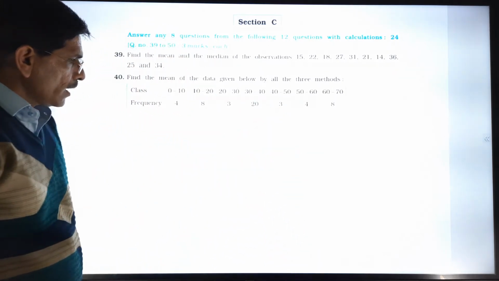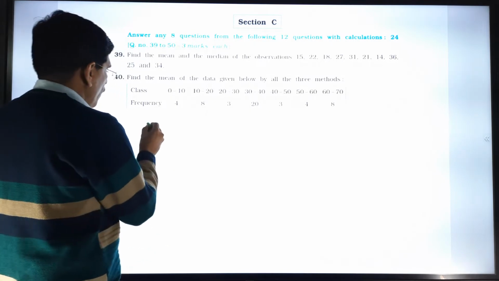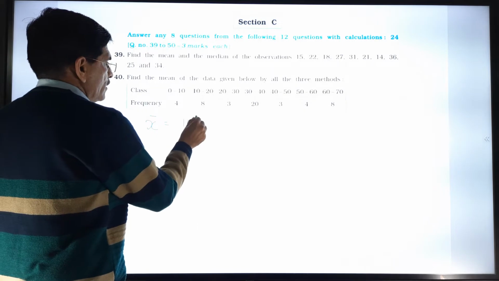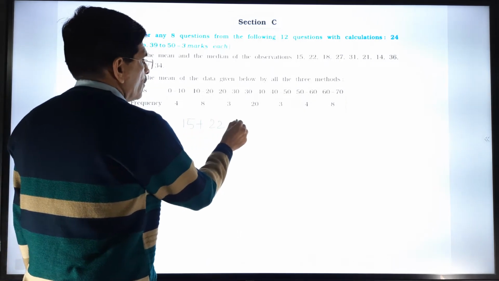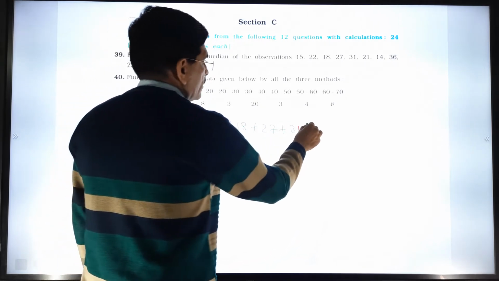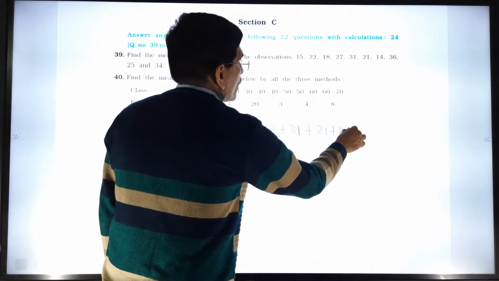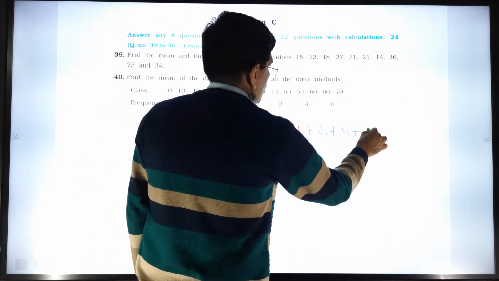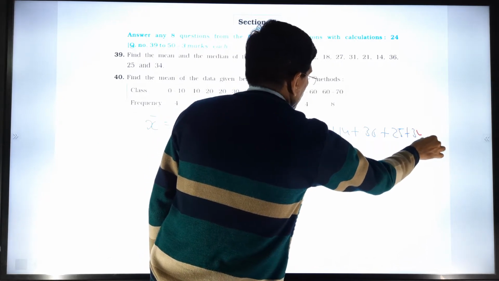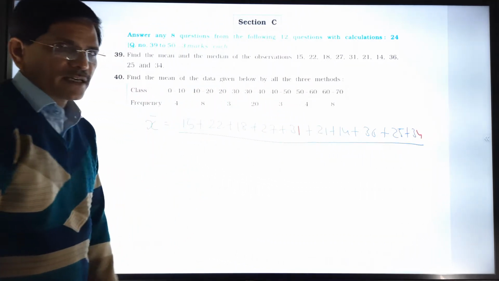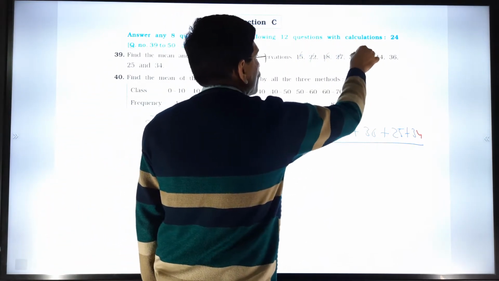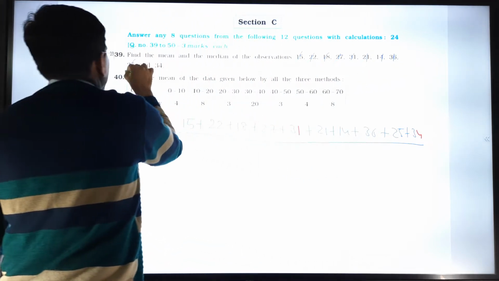So again x bar is equal to the sum of observations, that is 15 plus 22 plus 18 plus 27 plus 31 plus 21 plus 14 plus 36 plus 25 plus 34, upon how many observations are there, that we have to count. 1, 2, 3, 4, 5, 6, 7, 8, 9 and 10.